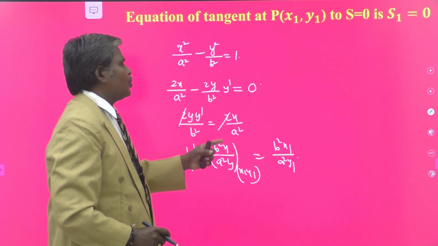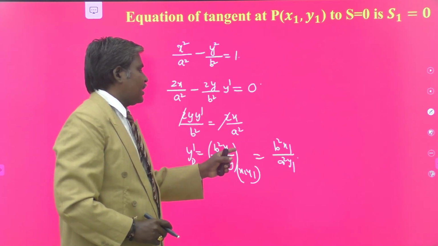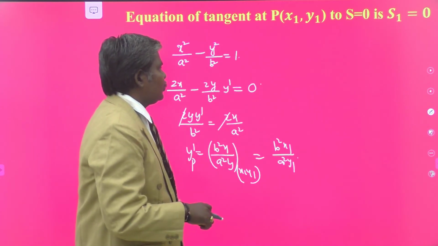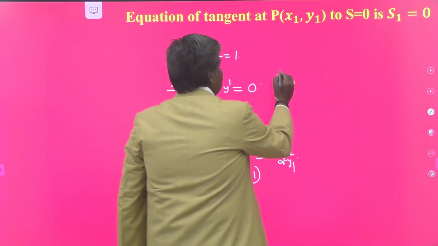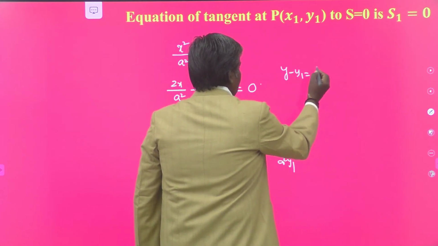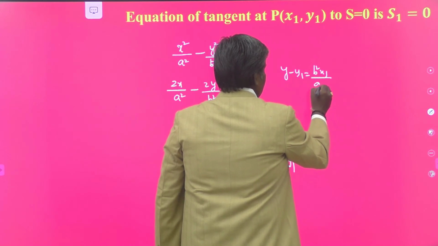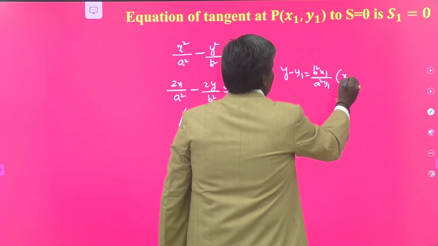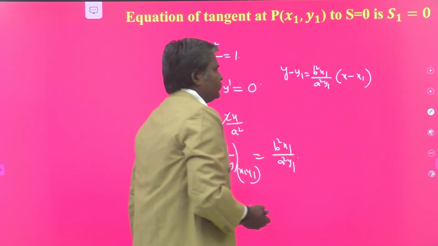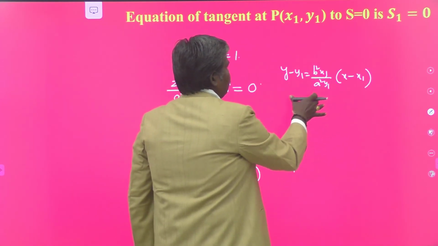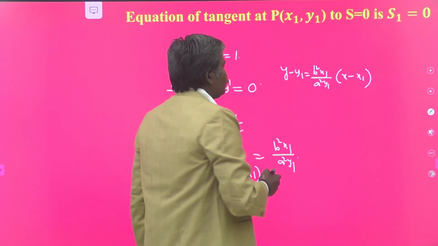Once you know the slope of the tangent and a point, you can write the equation of the tangent at the point to the hyperbola. So what is the equation? y minus y1 is equals to b square x1 by a square y1 into x minus x1. On simplifying this equation, we get S1 is equals to 0.